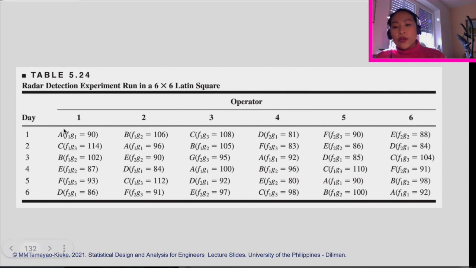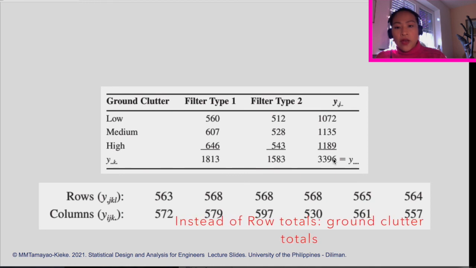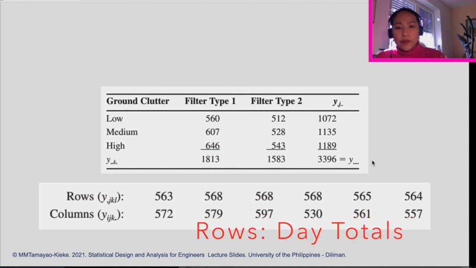And the operators will have to perform the experiment 1 time per day. These are the sums of the observations, so these are the cell totals. You have the row totals, and then you have the column totals, and of course you have the grand total.